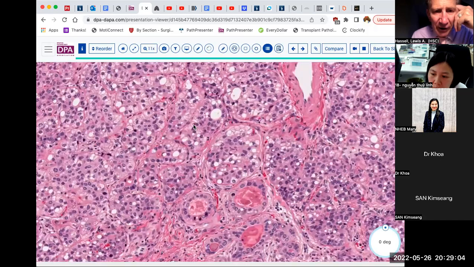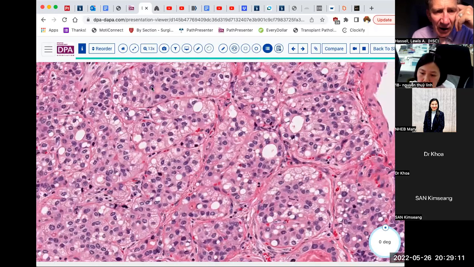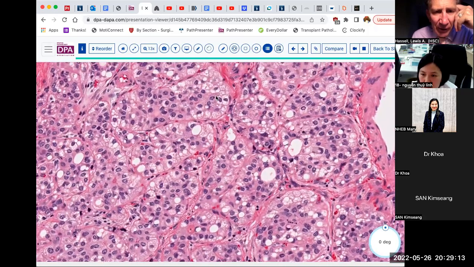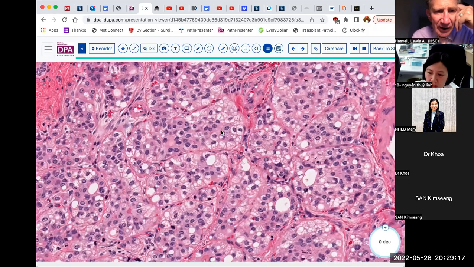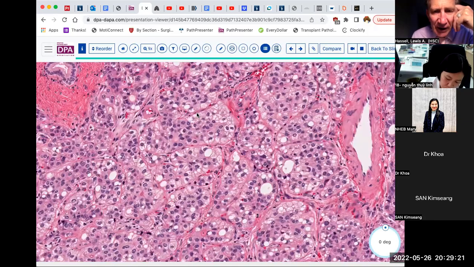Now, you might wonder here about combined hepatocellular cholangiocarcinoma, because here we see some more solid type growth with maybe some patterns of cytoplasmic membranes and nesting and little pseudoglandular formations.